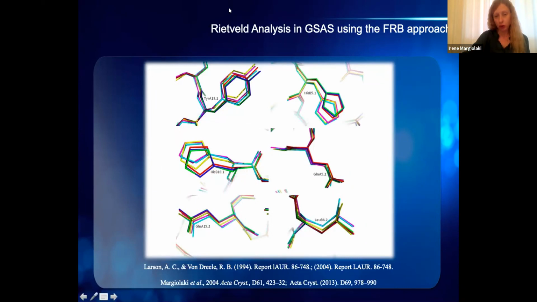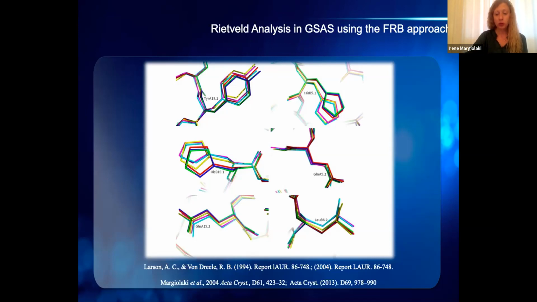So, of course, we use the Rietveld method and a lot of stereochemical restraints. Here you see what is happening on different amino acids during the refinement process. So the flexible rigid body approach means that we consider each amino acid as a rigid body that can move from its origin and can also rotate, but it cannot be distorted.